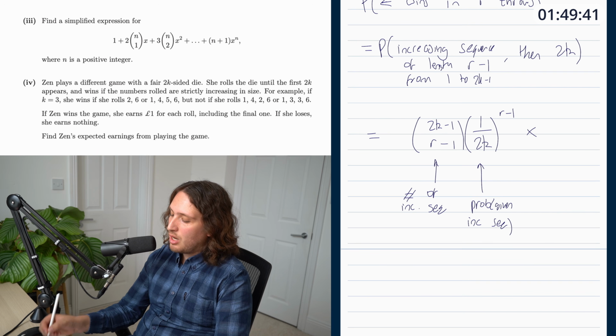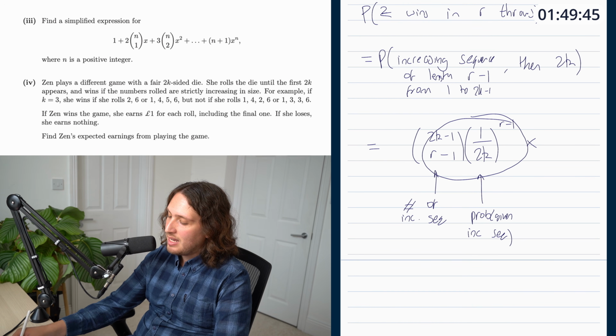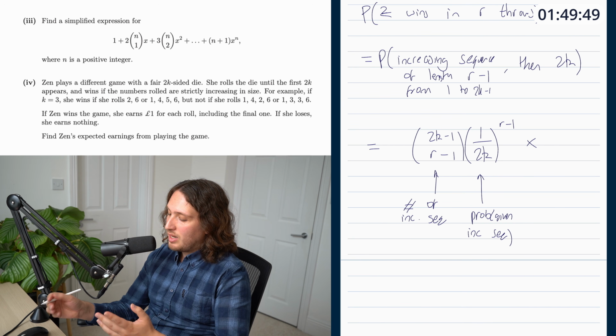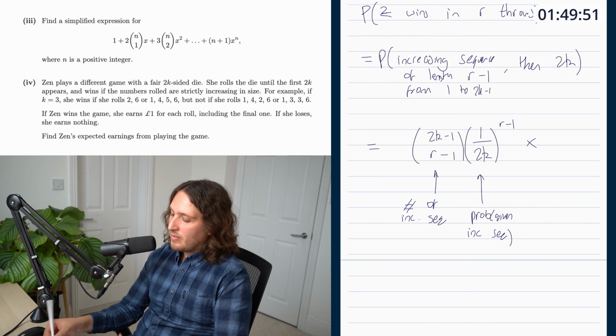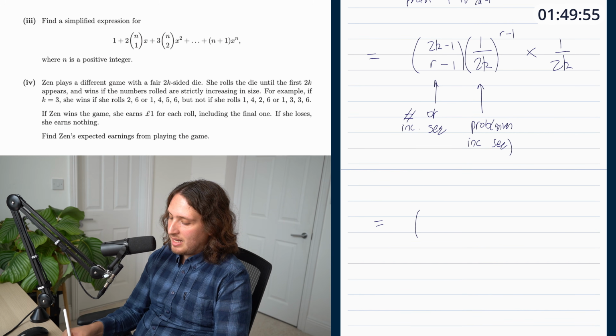And then I've also, at the end, got to get the 2k. So that's the probability that I get my increasing sequence of length R minus 1 from 1 to 2k minus 1. And then I have a further 1 over 2k from the end. So this is looking a little bit like the sum we just studied.